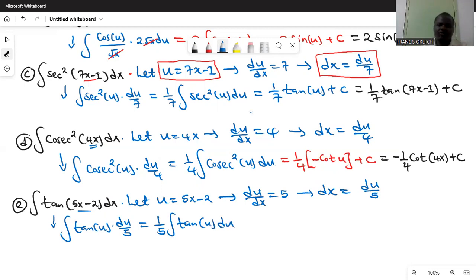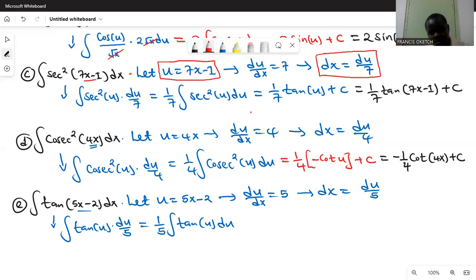Ask yourself, what did you differentiate to get tan u? What gave you tan u? Go back to our derivatives or the integrals. Already I told you how to integrate tan u, when we dealt with tan x. The integral of tan x was ln sec x plus a constant c. That you need to take note of.